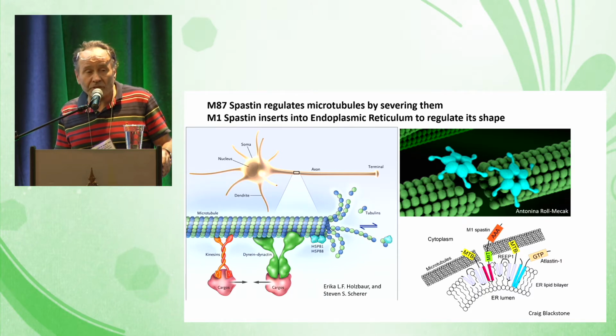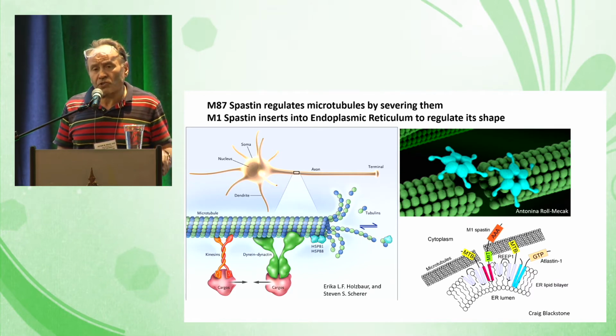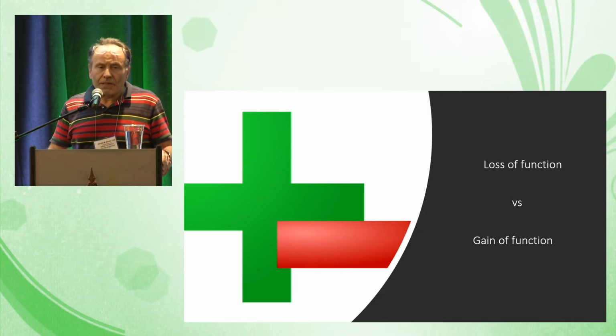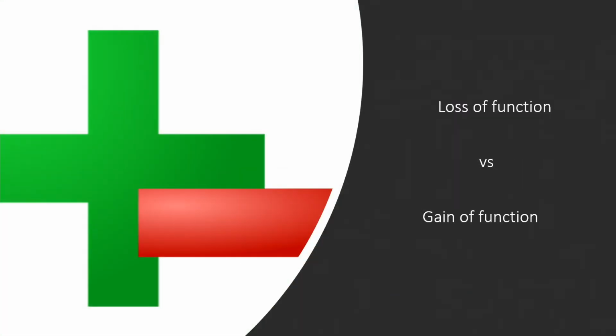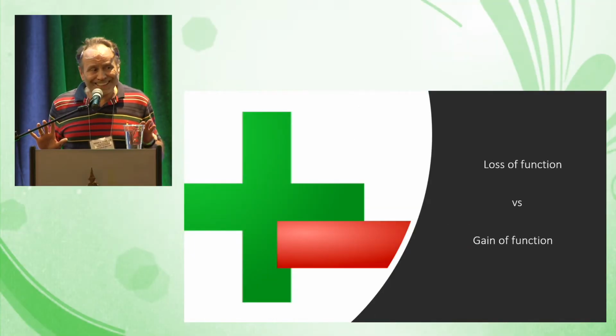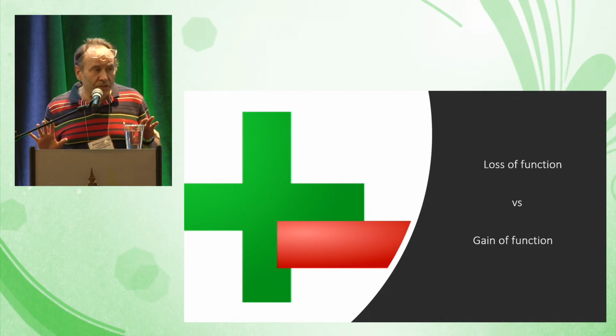So it's important for shaping the endoplasmic reticulum, and also some other membranous structures called endosomes. Now, this is what these proteins normally do. And what I want you to do now is think a little bit about loss of function and gain of function, because this is really what disease is all about.